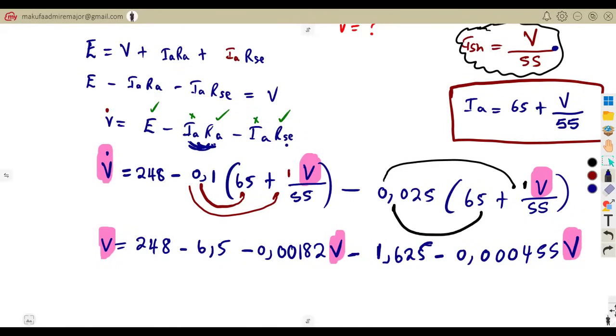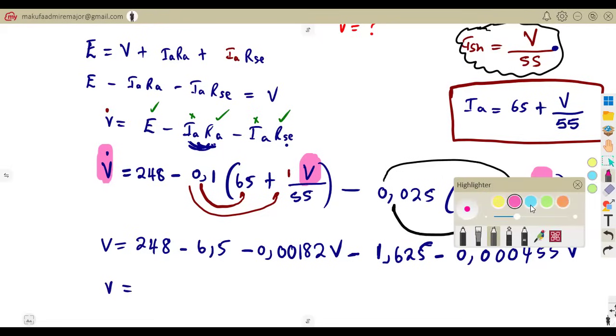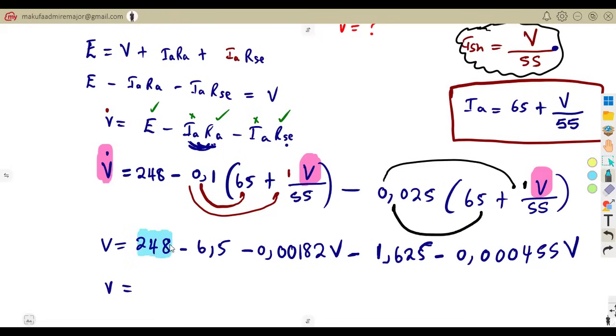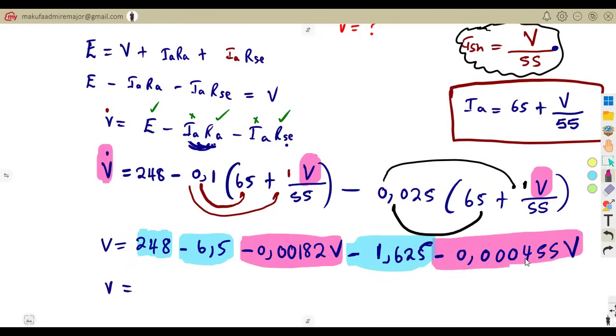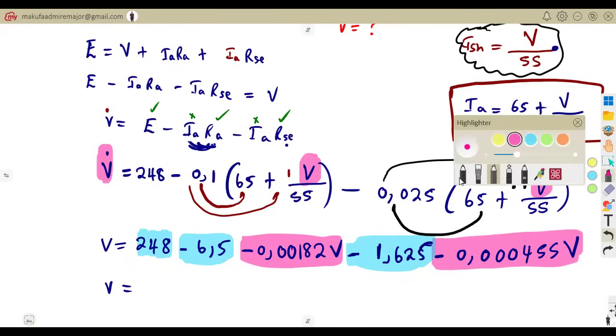Because someone might say, okay, this is a lot. Let me just first simplify the right-hand side, which is fine. So on the right-hand side, what is it that you're supposed to simplify there? The numbers first. There's 248 here, minus 6.5. These are just numbers where V is not there. There is minus 1.625, this one. So you have to combine these. And you combine the part where V is, this part here, we have got V. And also here, we have got our V. So you're going to combine these and see what you're going to have.